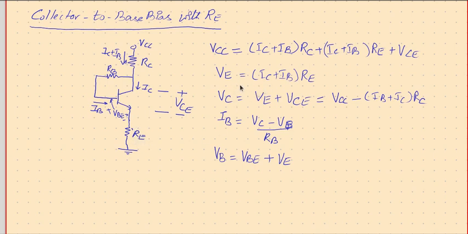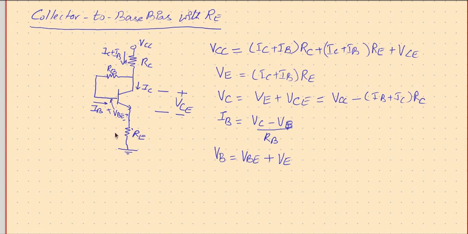The current flowing in the emitter is IC plus IB. So IC plus IB times Re will be the emitter voltage, and this emitter voltage plus base emitter voltage will give the base voltage. So the base voltage is much higher than VBE as compared to the previous case. So that's one improvement we had.